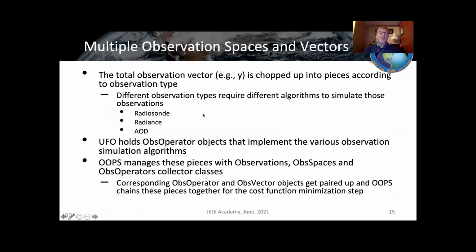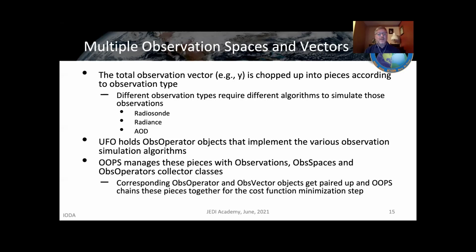So one thing that the system does is the total observation vector is chopped up into pieces according to observation type. The reason behind that is that the obs operators in UFO that need to run and create the simulation of those observations from the models, or the h of x values, use different algorithms for, say, a radiosonde, a radiance, and an AOD, like an aerosol optical depth.